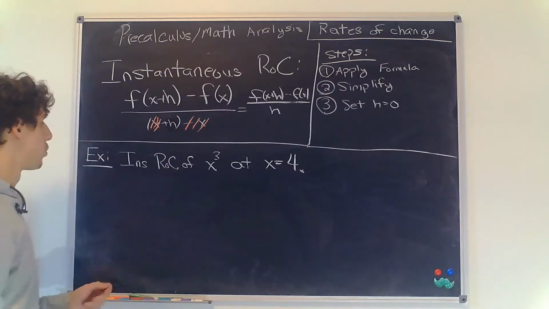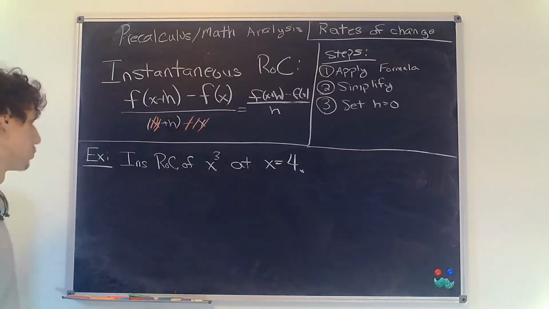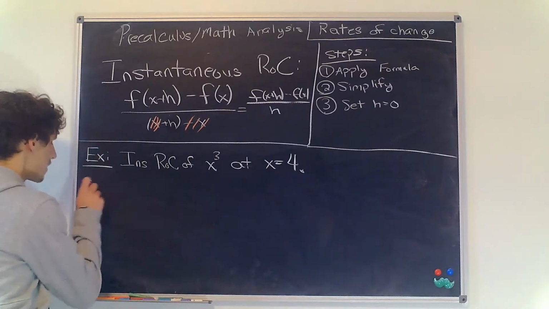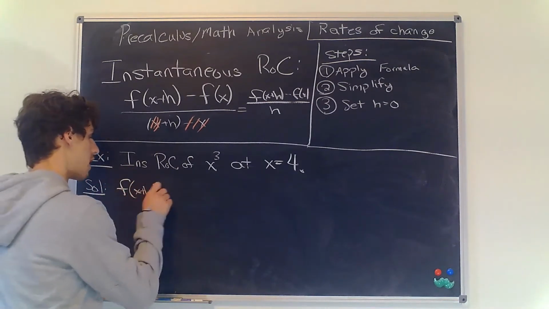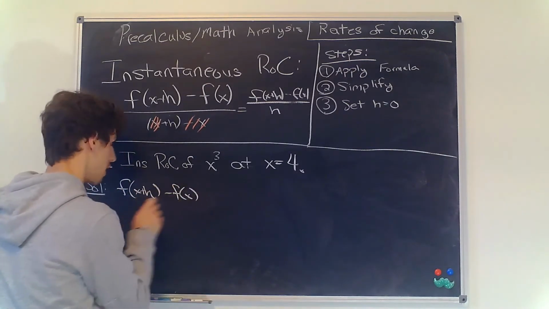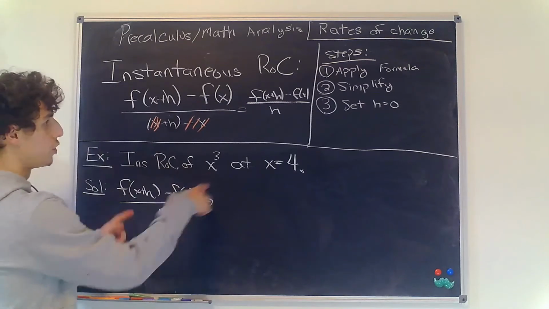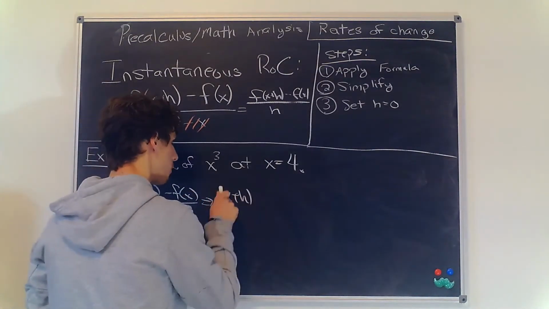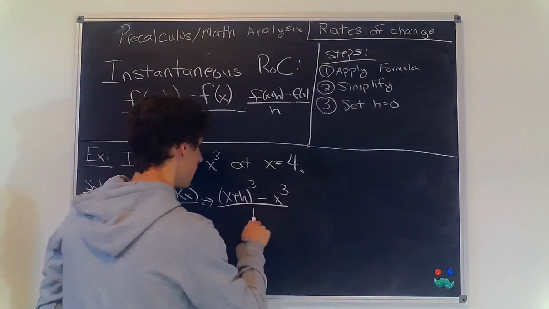Okay, in this example, we're asked to find the instantaneous rate of change of x cubed at x equals 4. So let's apply these steps first by applying this formula. That's going to give us f of x plus h minus f of x divided by h. Now we want to plug in this x cubed as our function. So we have x plus h cubed minus x cubed divided by h.